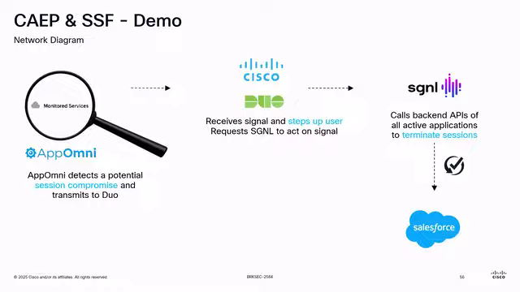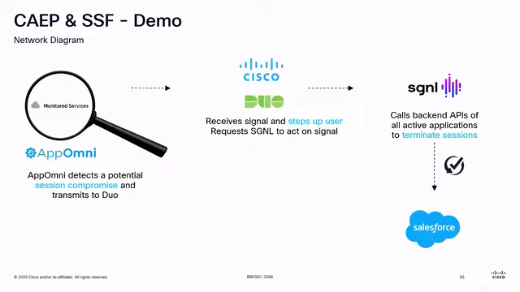And once a session compromise has been detected by AppOmni, they send such an event onto the Autobahn. Cisco Duo receives this event with the aim to disconnect or kill the user session of the user being logged into Salesforce.